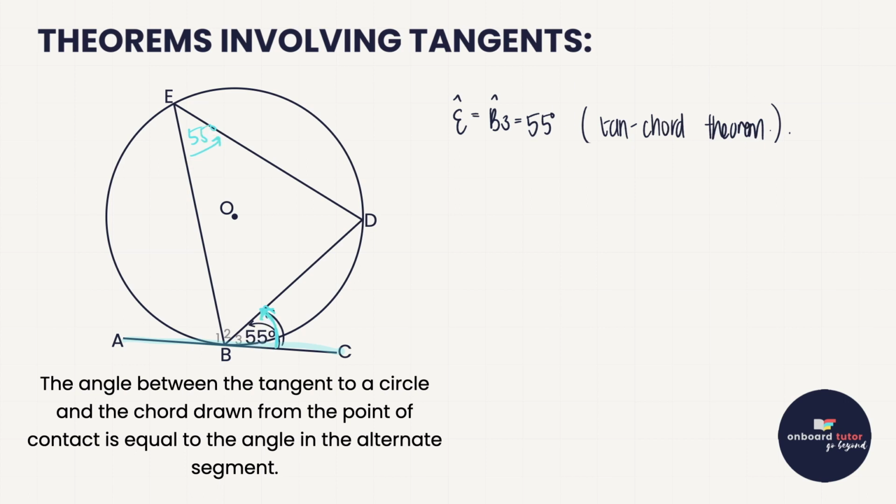Okay, so let's pretend that they gave us here that angle E equals angle B3 equals 55 degrees. Therefore, ABC is a tangent. That's only if they asked us to prove that. And the reason would be the converse tan chord theorem.